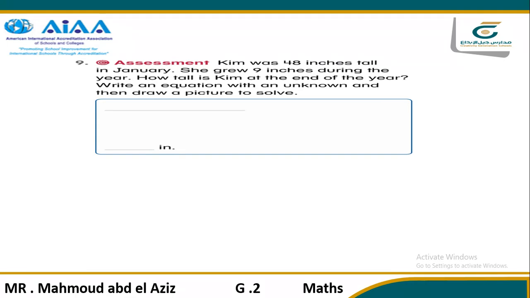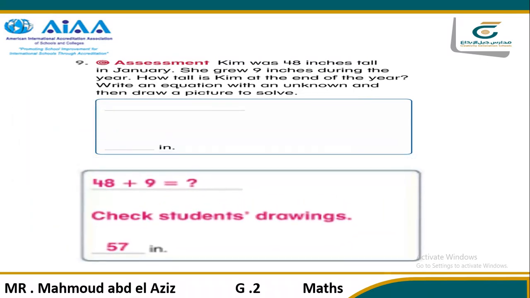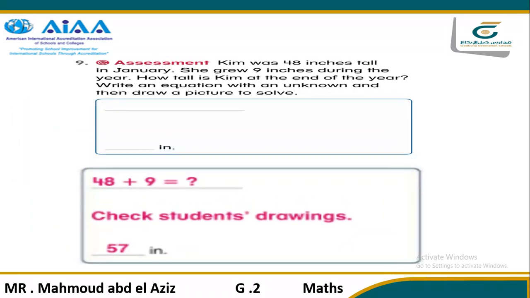So we will add the two numbers to each other. So here 48 plus 9: 8 plus 9 equals 17, and we will write 7 and carry 1. So 1 plus 4 equals 5. So our answer will be 57 inches.